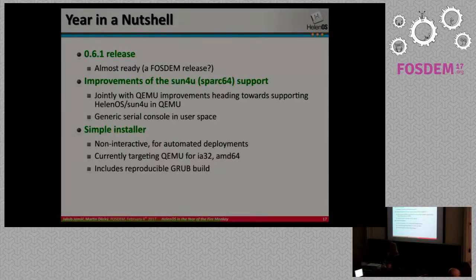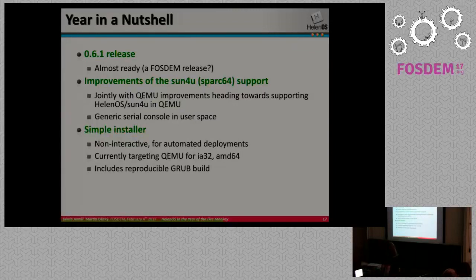Yay. So we have done some improvements on our SPARC64 support for Sun4U hardware. This has been jointly done with parallel developments in QEMU. It's hard to quantify, but we are somehow close to being really able to run HelenOS on Sun4U in QEMU as on physical hardware.